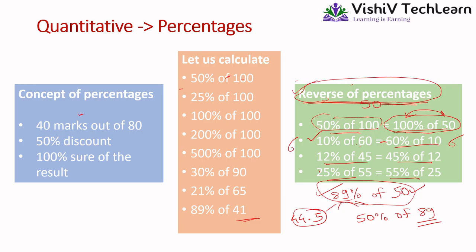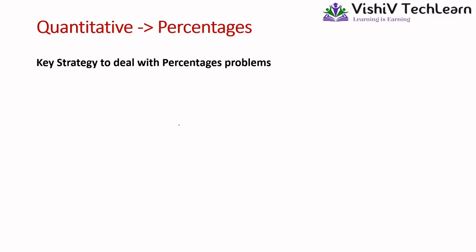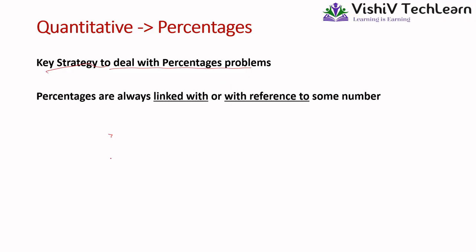Now let's move on to the next part, which is the key strategy. We will discuss the key strategy to deal with percentage problems. We already discussed it during the calculation: percentages are always linked with something.